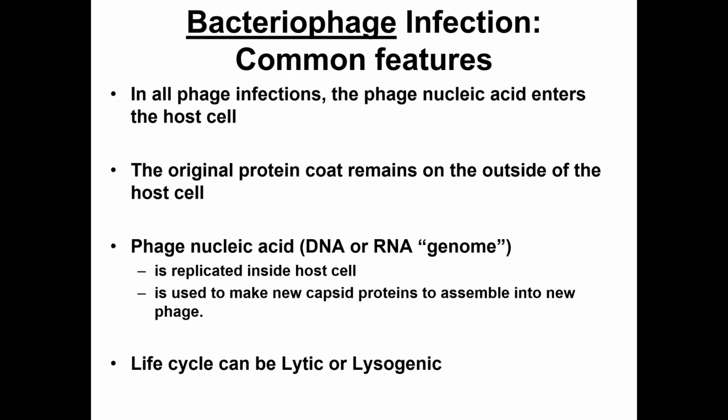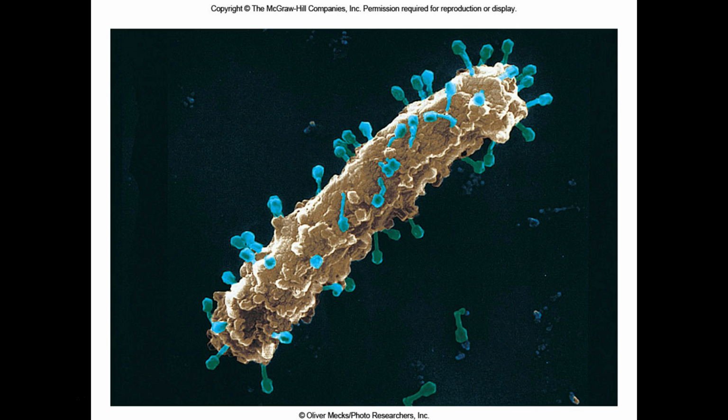But moving on from what all viruses have in common, I want to mention what all bacteriophages have in common. So these are traits that you associate with just bacteriophages, not with, say, polio or HIV. When a bacterial cell is infected, the virus will inject its DNA into that bacterial cell.